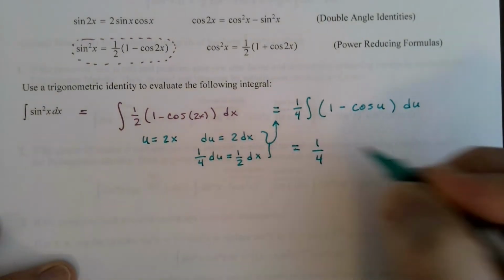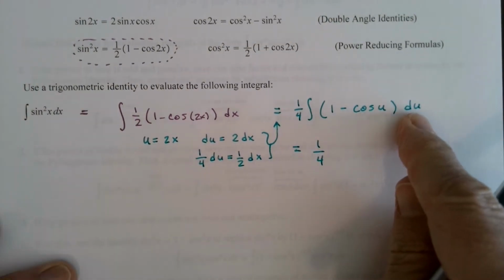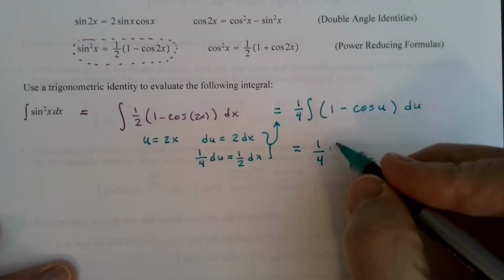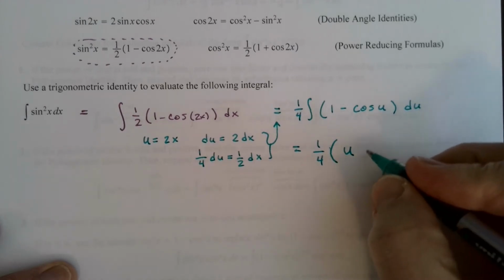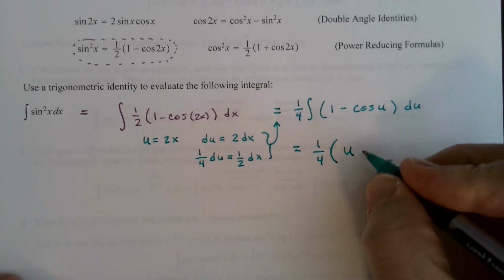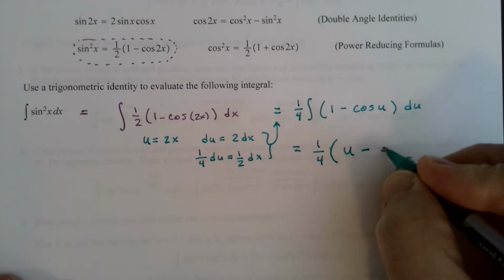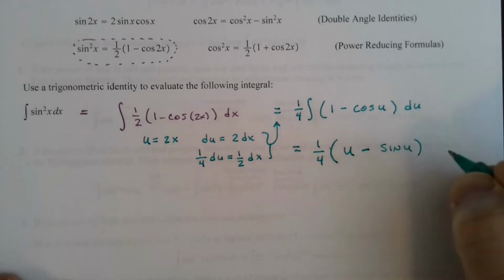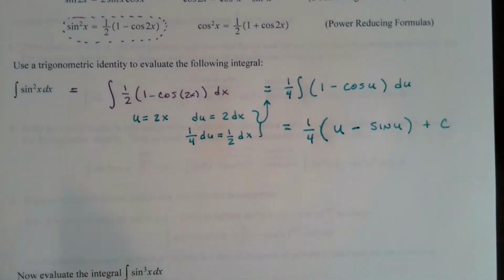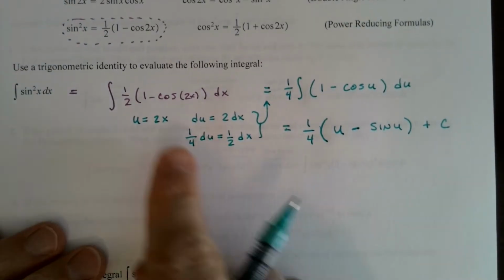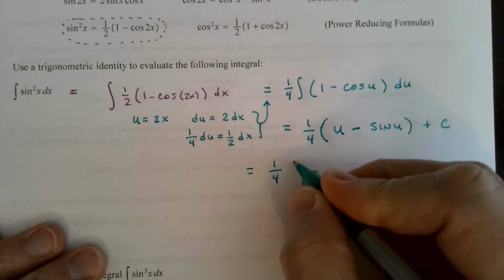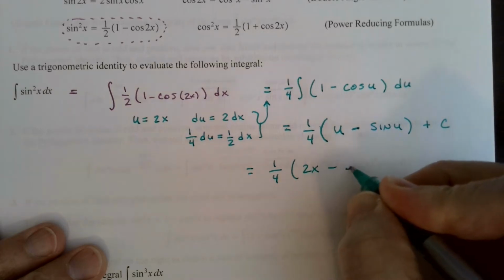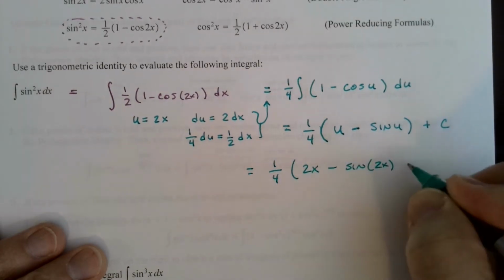I have a constant multiple here. Again, with respect to u now, right, our new variable, what's the antiderivative of 1? That is u, right? And the variable is u. What's the antiderivative of cosine u? Sine u. Okay. And now I can throw in my plus c. Of course, I want to go back to the original variable, so I'm going to replace u with what? 2x. And so I get 1/4 times u is 2x minus sine of 2x.